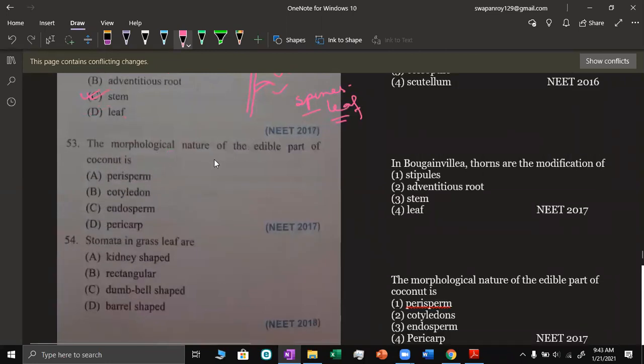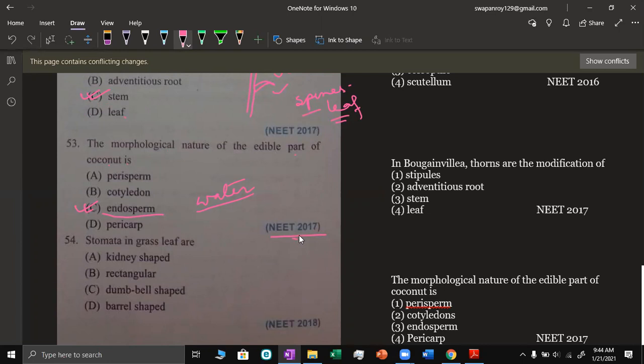Next, the morphological nature of the edible part of coconut. This was asked in 2017. The edible part of coconut is endosperm. The water in tender green coconut is also endosperm.